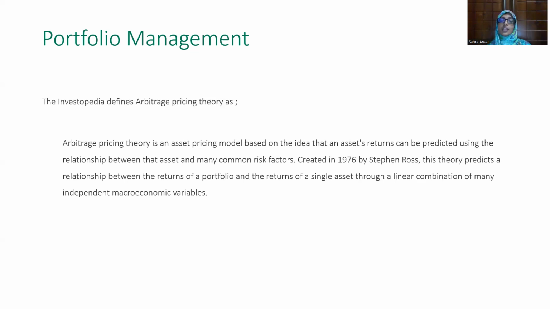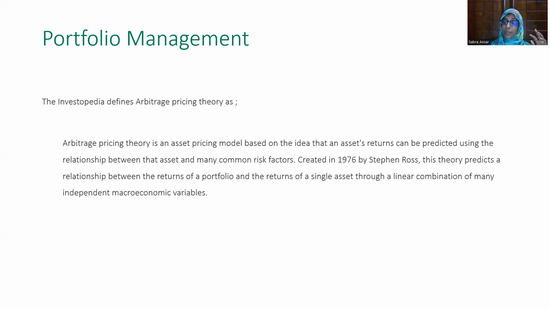This was created in 1976 by a person called Stephen Ross, so it is something relatively new, not something that came from a long time ago. This theory predicts the relationship between the returns of a portfolio and the returns of a single asset through a linear combination of many independent macroeconomic variables.